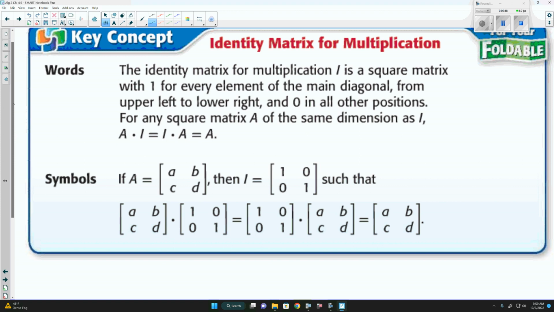Now, the identity matrix for multiplication, I, is a square matrix with 1 for every diagonal. So we call a matrix the identity matrix if the diagonal is all 1s and everything else is 0s.